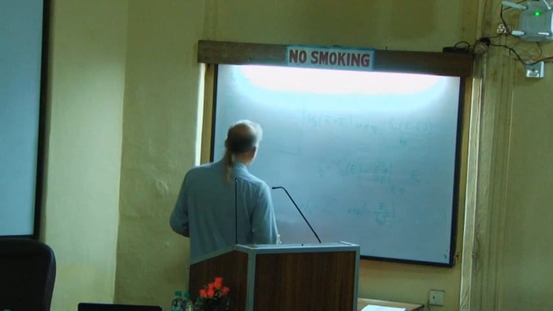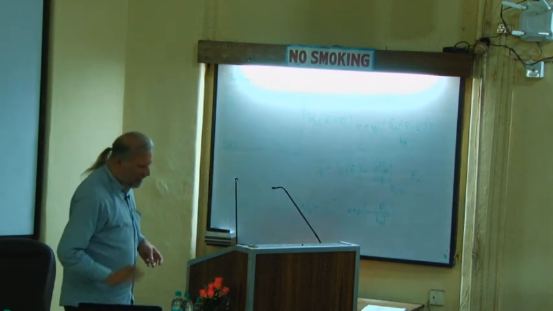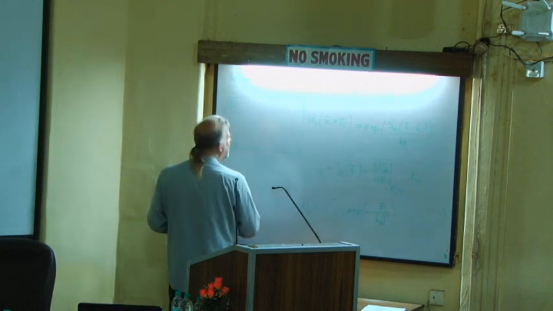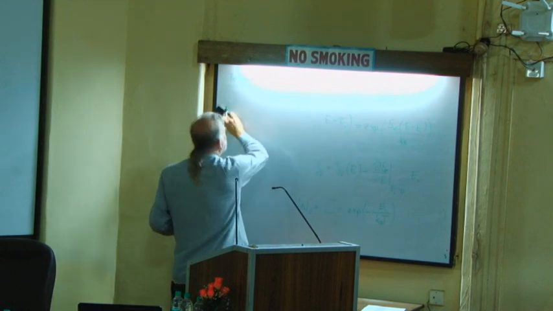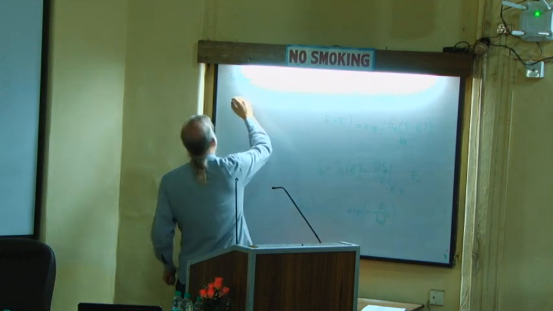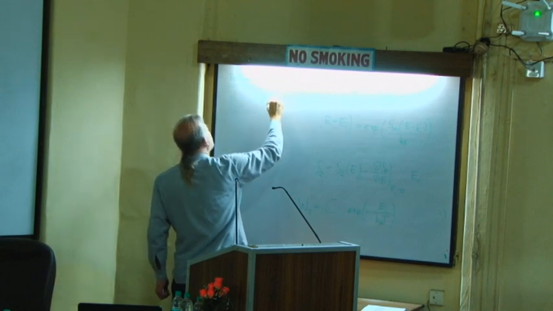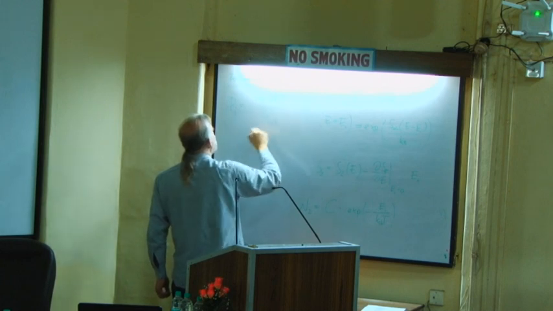Which means that my probability of being in a particular microstate I, remember Pi was W2 of EI divided by W total.